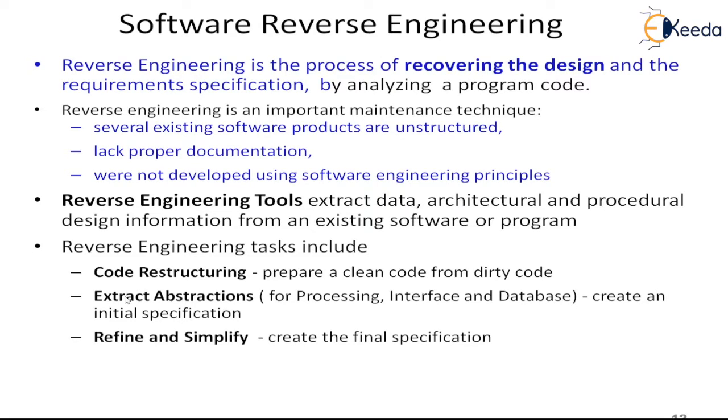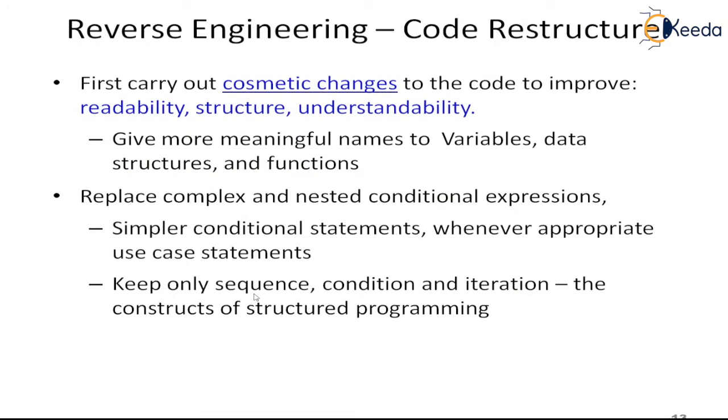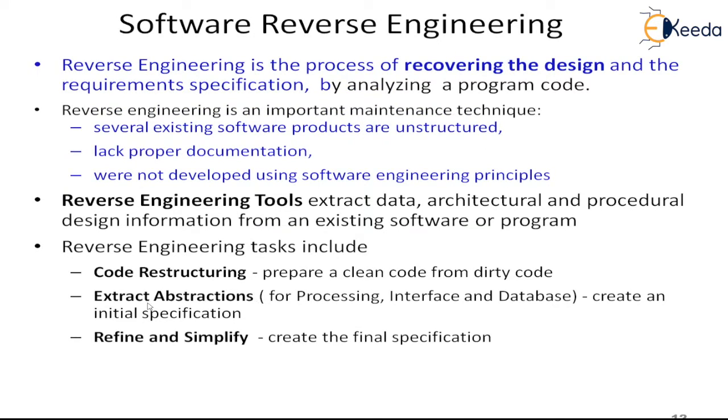So, extracting the abstraction. What is abstraction? If you are trying to represent something at a higher level without telling the details, that is called abstraction. All our requirement analysis models were high level abstractions, design level models were a little lower level abstractions, and then module specifications were a little lower.